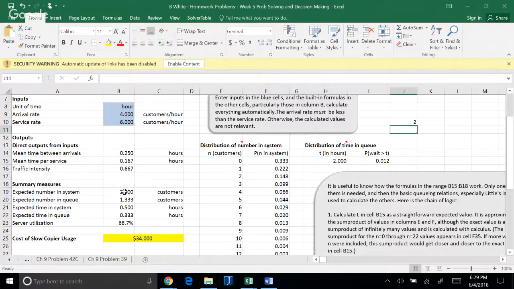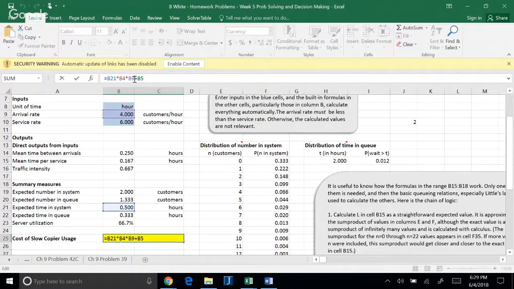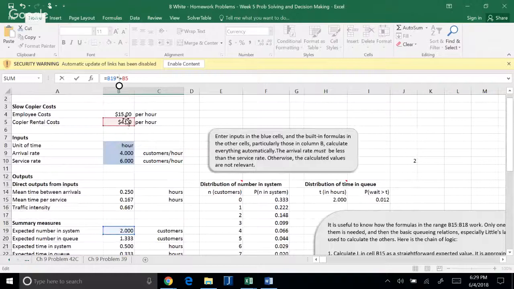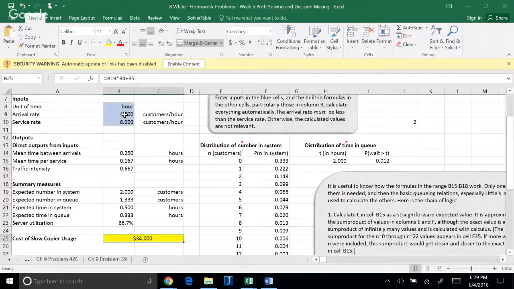So if you want a one-shot wonder for that, I'm sorry, not B20, you do B19 times the waiting cost, and that will also give you 34. So 34 is the correct answer there.